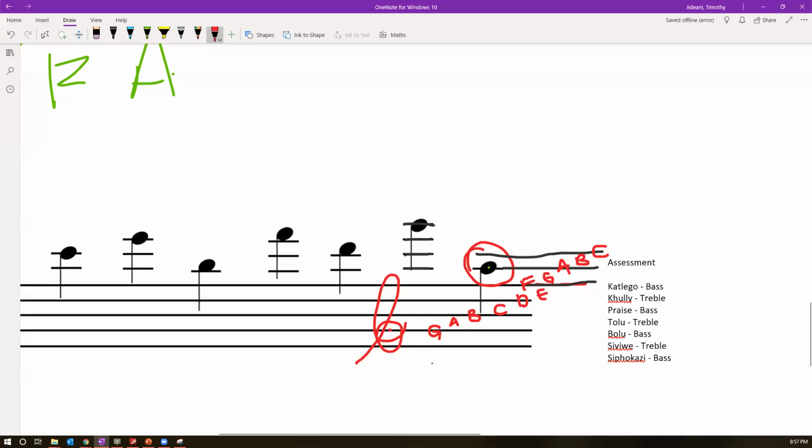I think middle C is here at the bottom. We will have C, Praise, if we go down.